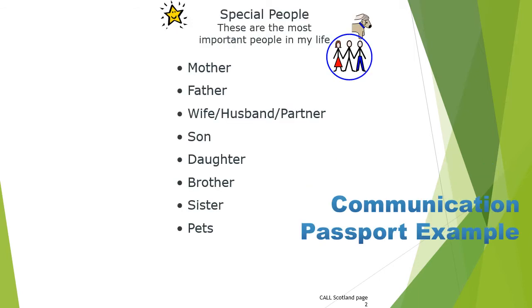Special people: the most important people in that person's life. For example, the mother, the father, the wife, husband or partner, son, daughter, brother, sister. Do they have any pets? This would be different for each individual, so each person's communication passport would be different or similar.